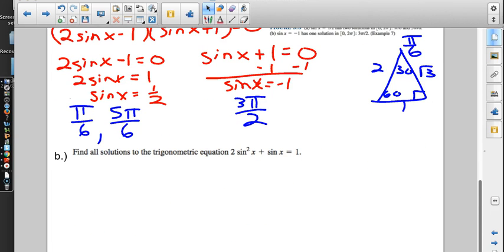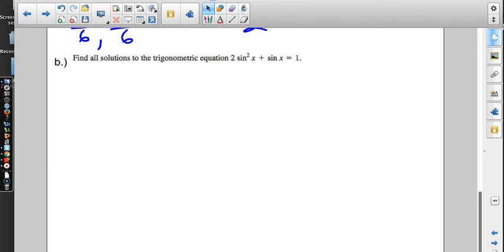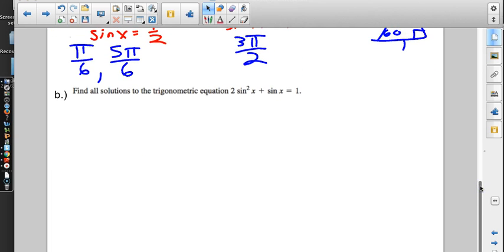So now this looks very familiar. Didn't we just do this? What's different? All solutions. So we did do it. We just didn't find them all. We found the ones between 0 and 2 pi.